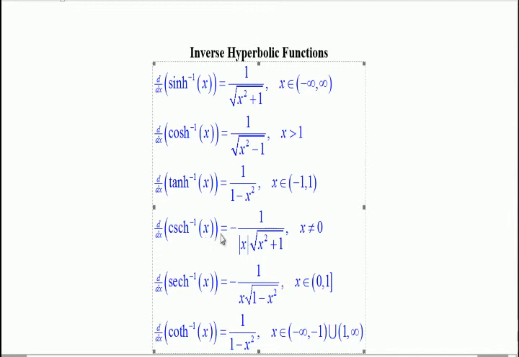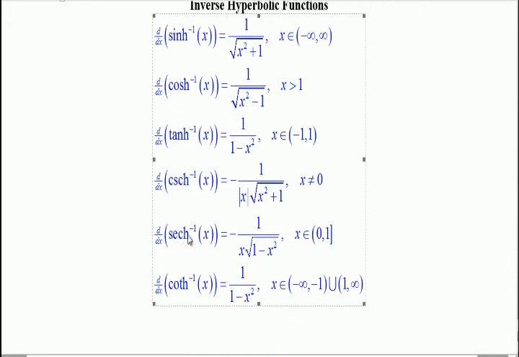Inverse hyperbolic cosecant is minus 1 over the absolute value of x times the square root of x squared plus 1. Inverse hyperbolic secant here is negative 1 over x times the square root of 1 minus x squared. This is valid from 0 to 1, like this. And inverse hyperbolic cotangent is 1 over 1 minus x squared, and this is valid here.